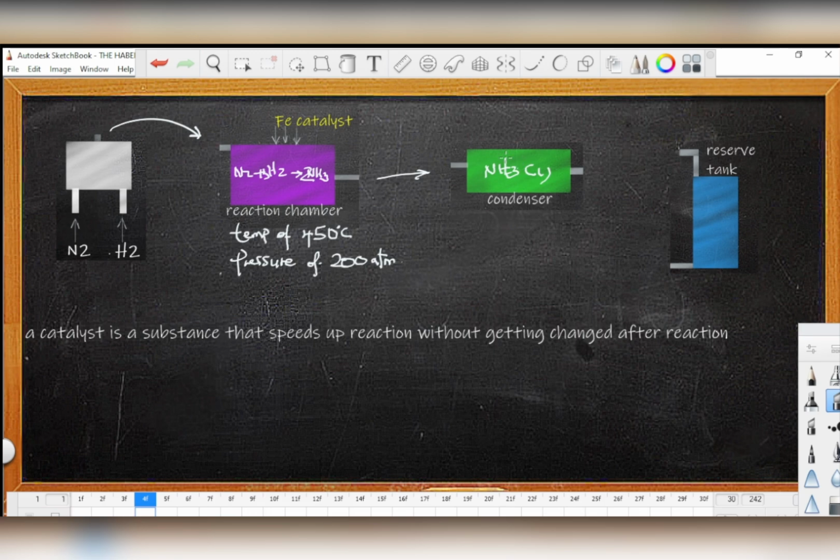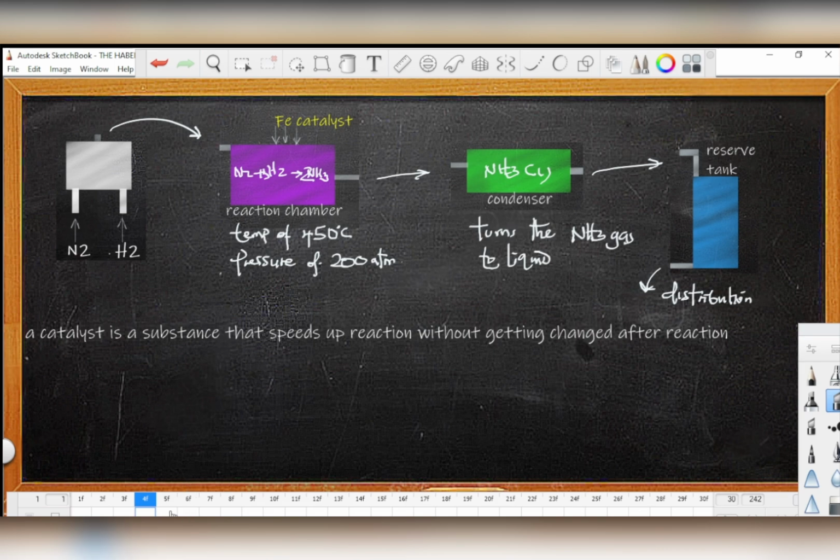The condenser turns the ammonia gas to liquid. So it condenses it to a liquid, and lastly, this is sent to a storage where it is sent for distribution.